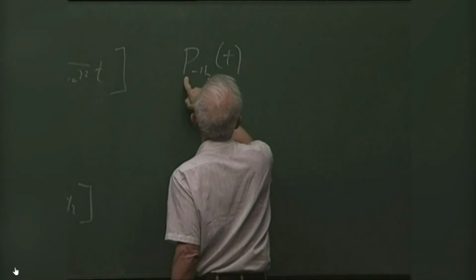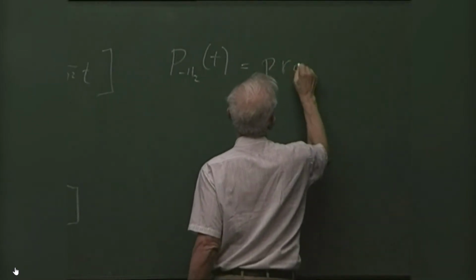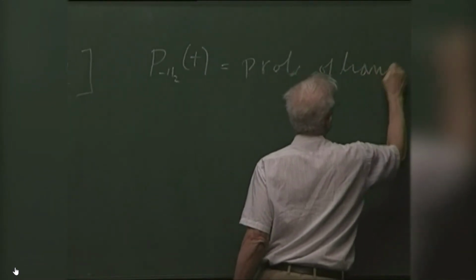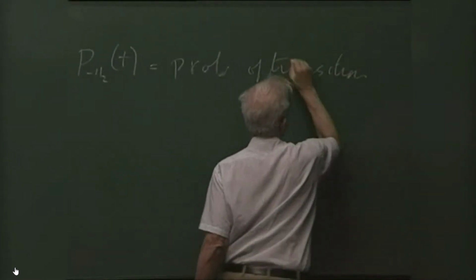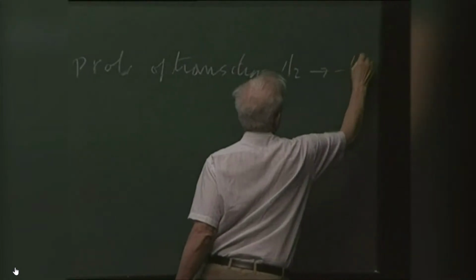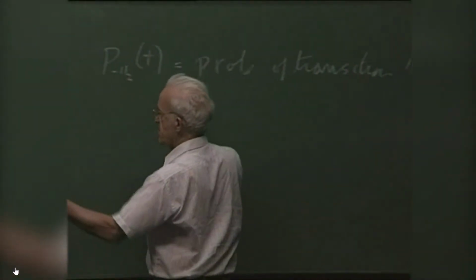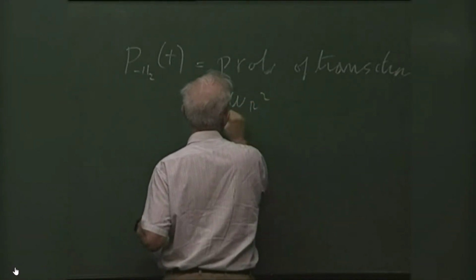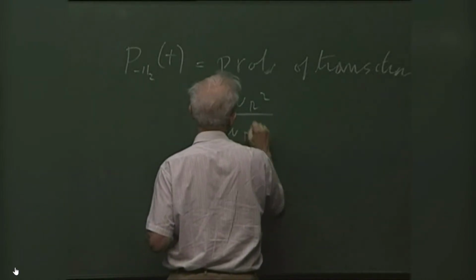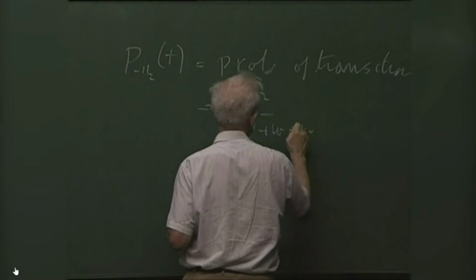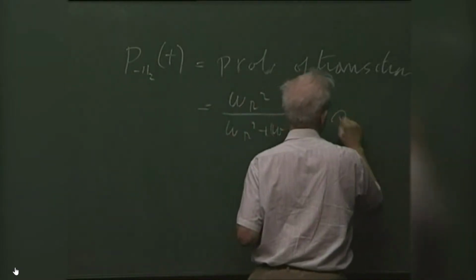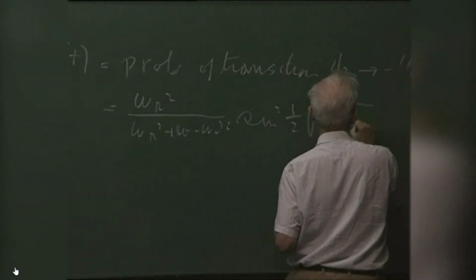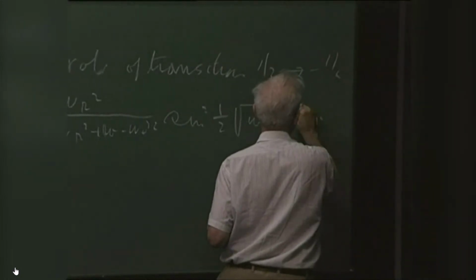So this is what we call the probability of a transition. The transition 1/2 to -1/2 is given by, again, this now familiar formula, which is omega Rabi squared over omega Rabi squared plus omega minus omega naught squared, times the sine squared of 1/2 the square root of omega Rabi squared plus omega minus omega naught squared, times t.